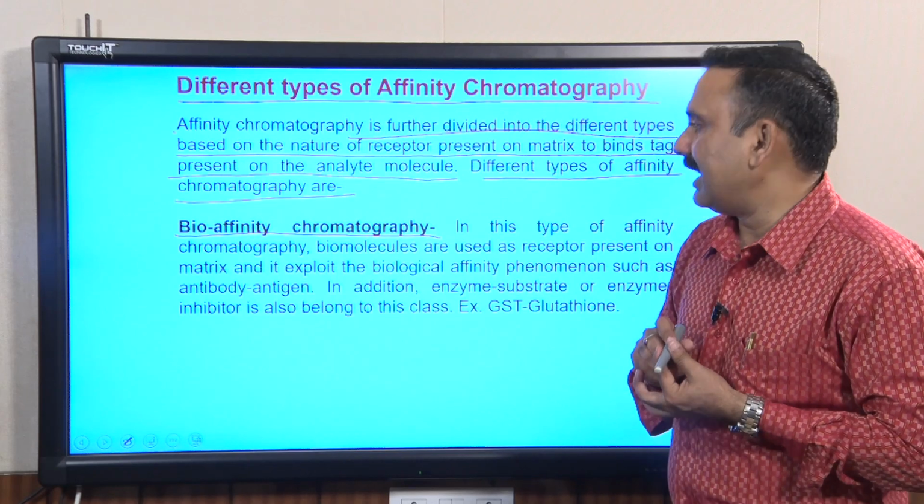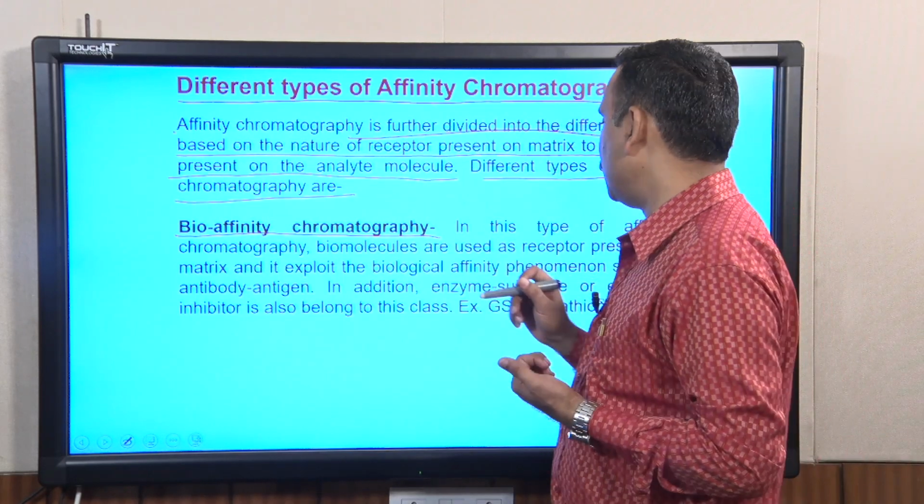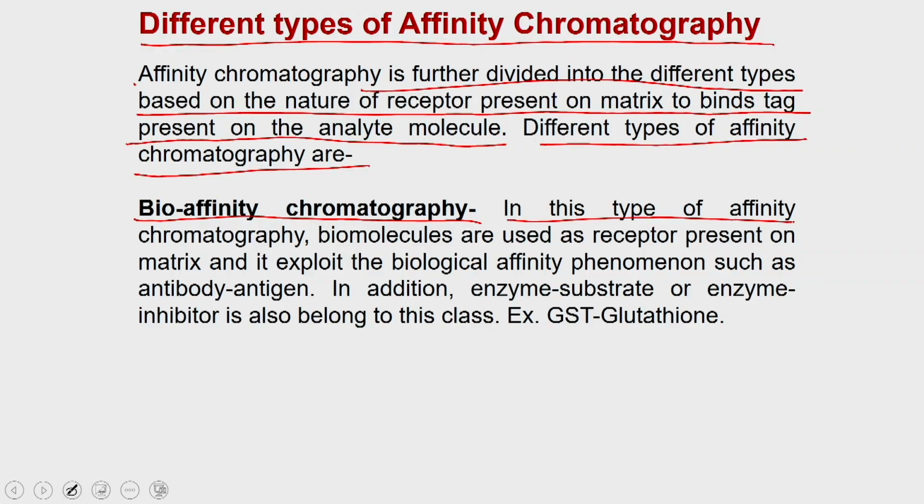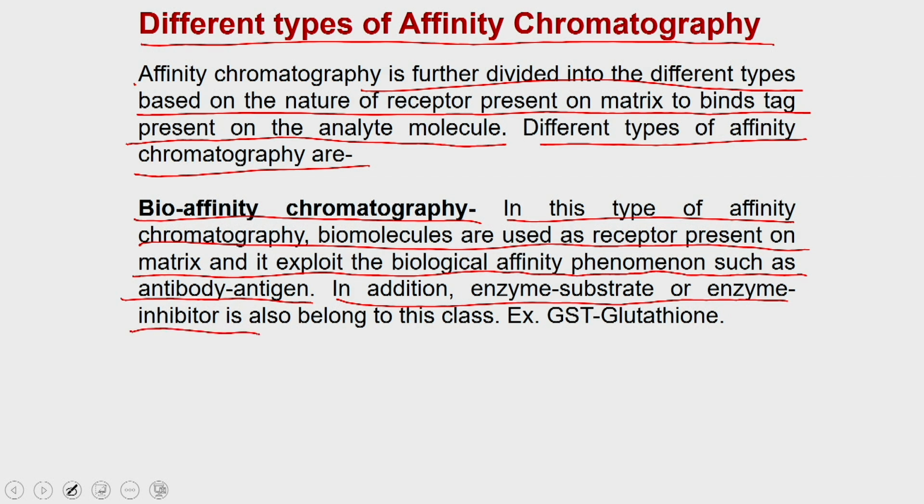The first class is called bioaffinity chromatography. In this type, biomolecules are used as the receptor present on the matrix, and it exploits biological affinity phenomena such as antibody antigen. In addition, enzyme substrate or enzyme inhibitor also belong to this class.